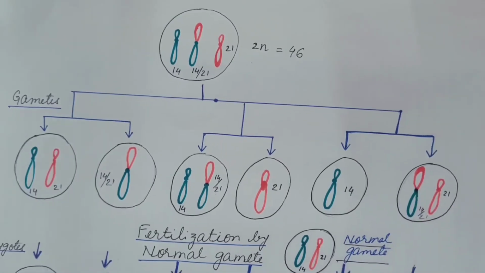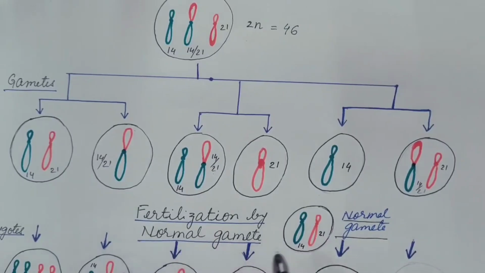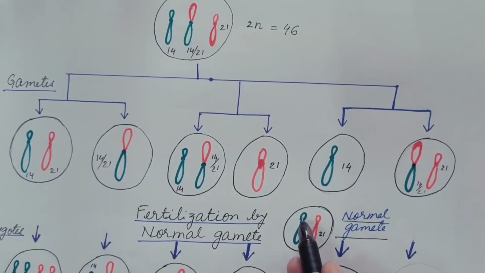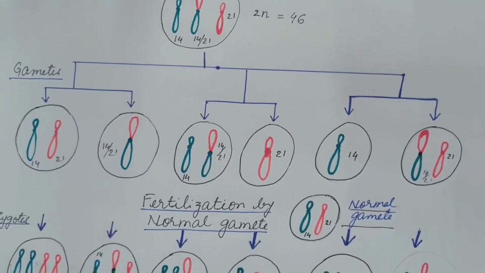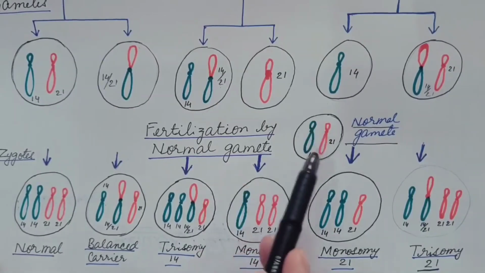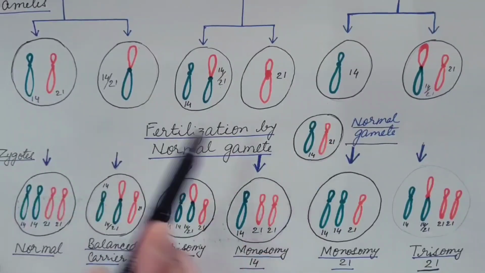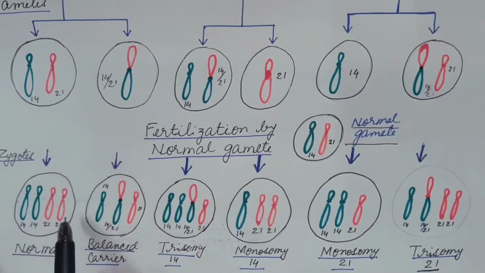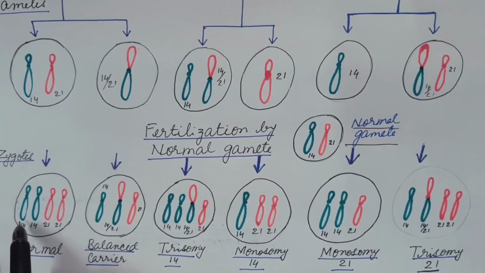Now when these gametes are fertilized by the normal gamete containing one copy of chromosome number 14 and one copy of chromosome number 21, then the zygotes or the offspring that we get, if this gamete fuses with this gamete, so both are normal, the individual that we will get will be normal, containing 2 copies of chromosome number 14, 2 copies of chromosome number 21.